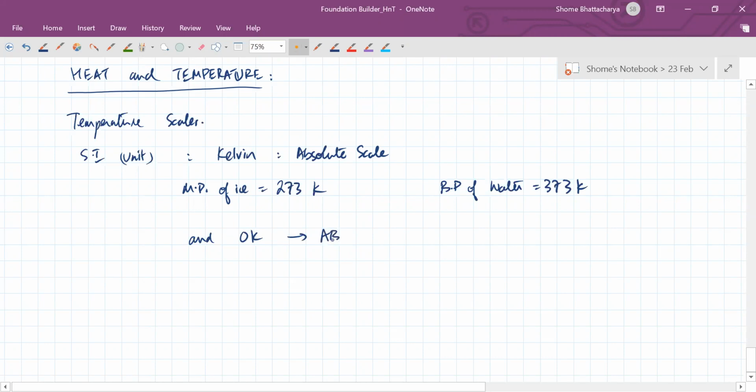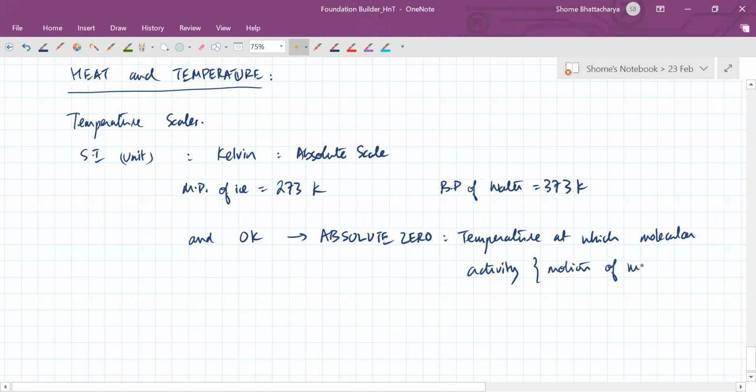It is called absolute zero, because it is the temperature at which molecular activity, that is motion of molecules in the form of translation, rotation, or vibration, ceases altogether.